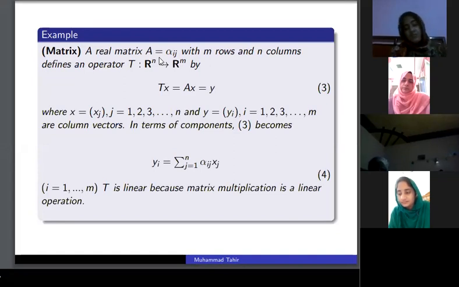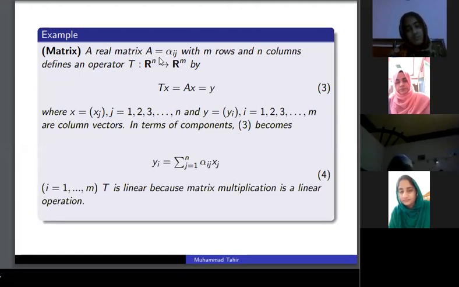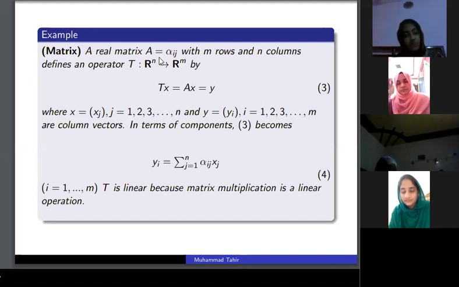A is a matrix of order m by n, x is a column matrix of order n by 1, so multiplication is defined, and when we multiply a matrix of order m by n with a column vector of order n by 1, we get another column vector of order m by 1. So this is an element of R^m.